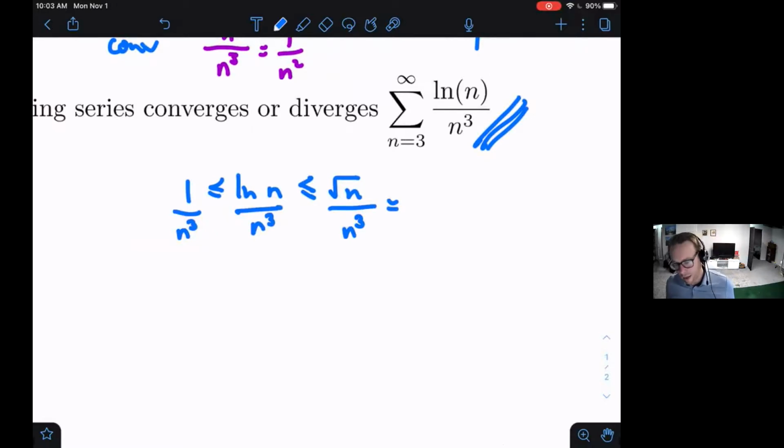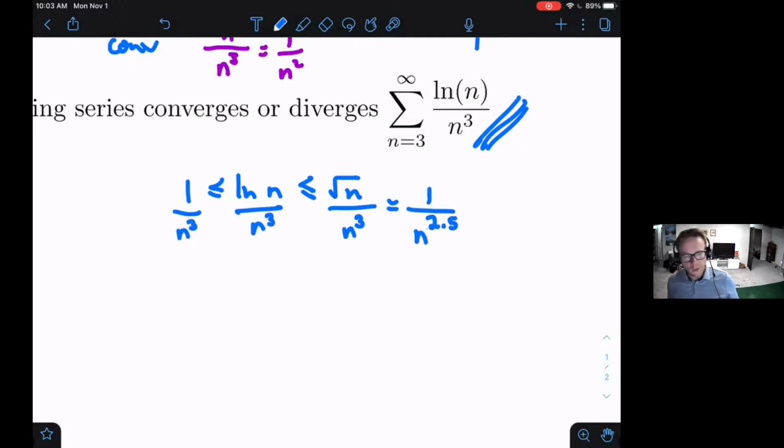There's going to be some canceling, and we're going to have n to the 3 minus 1/2, so we subtract 1/2 from the power. This is n raised to the 5/2 power, or 2.5, of course. So I'll put that this is the same thing as 1 over n to the 2.5.